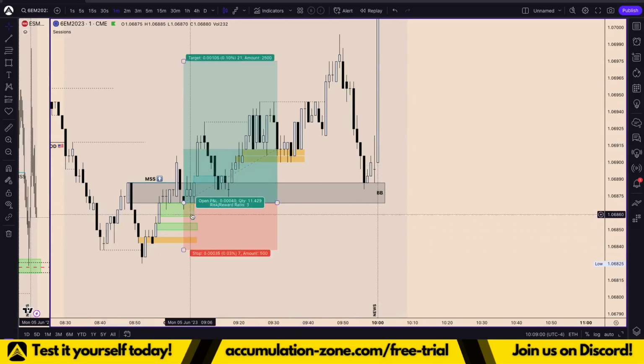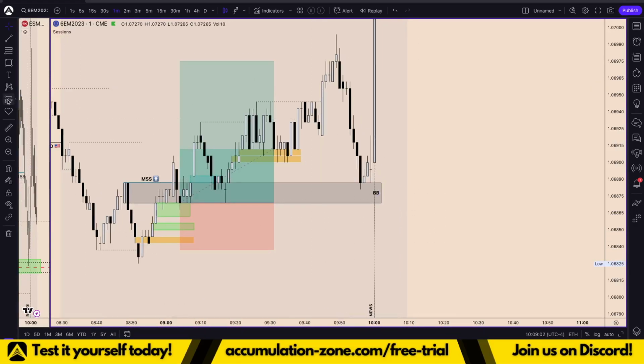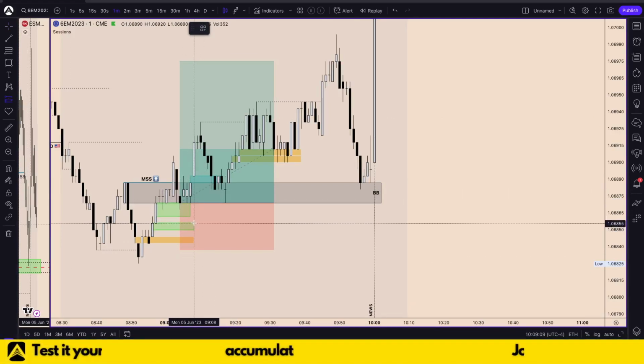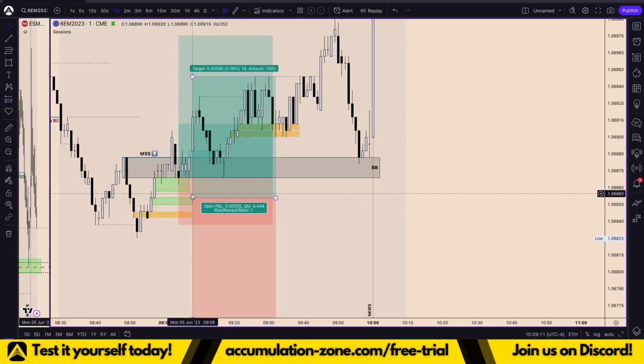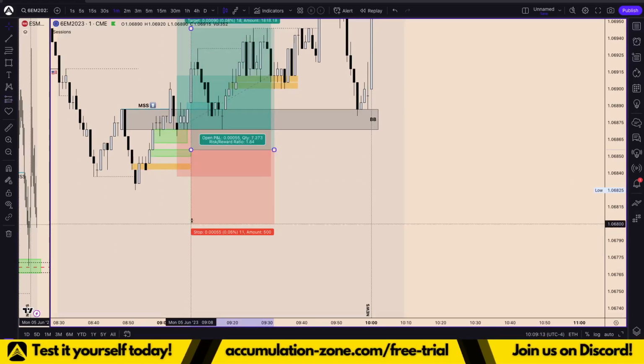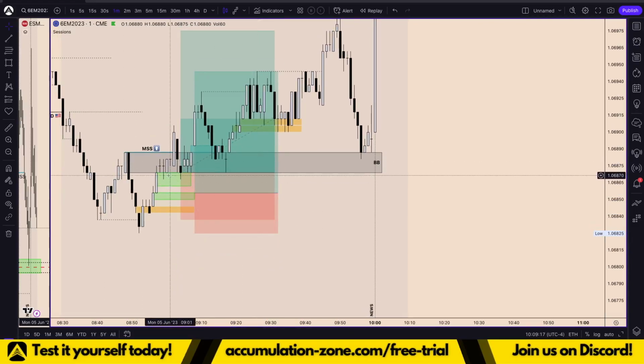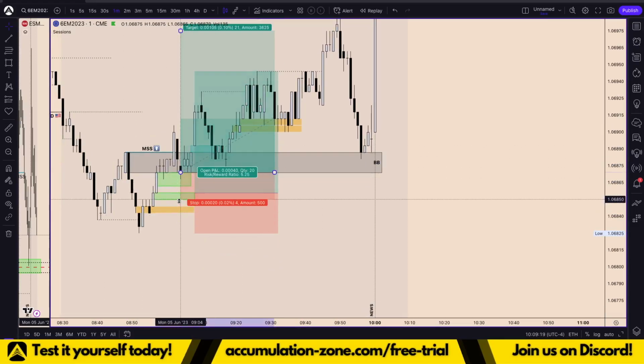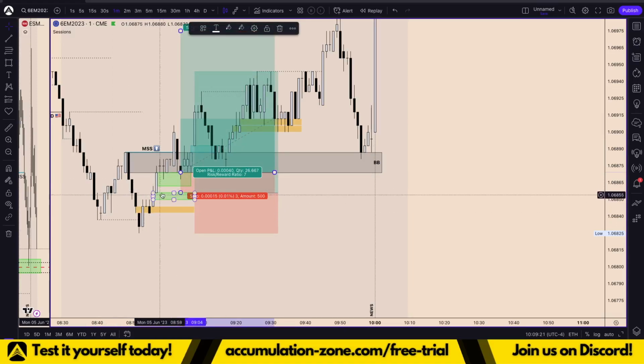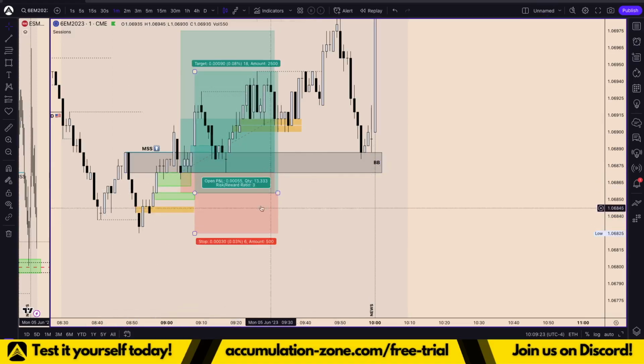So what I could have done is enter on this one, and if it would have gone bad, I would have lost 0.25% on this first trade, but I would have made sure that I get my entry order, that I have another sell limit order just waiting here with my stop loss right at this low. So this would have been the play, something like this, at the low of this candle, the candle that created the fair value gap.